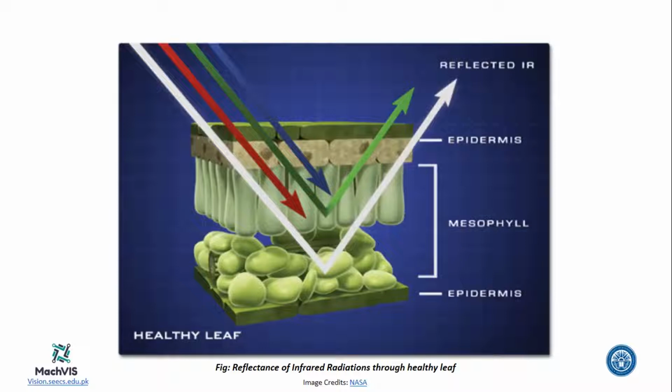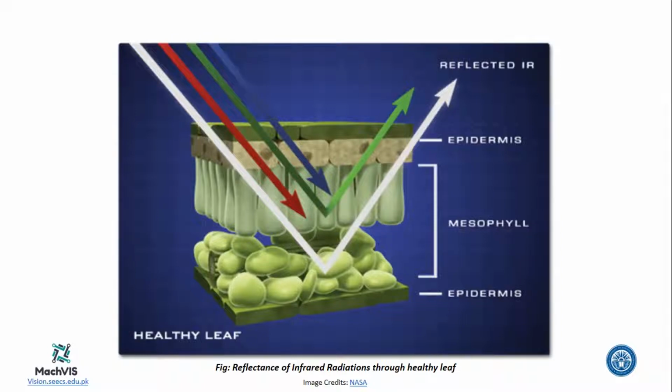But if you see the NIR band, the reflectance of the NIR band as compared to green is way high. This particular band will tell the exact story about the inside system of the leaf.